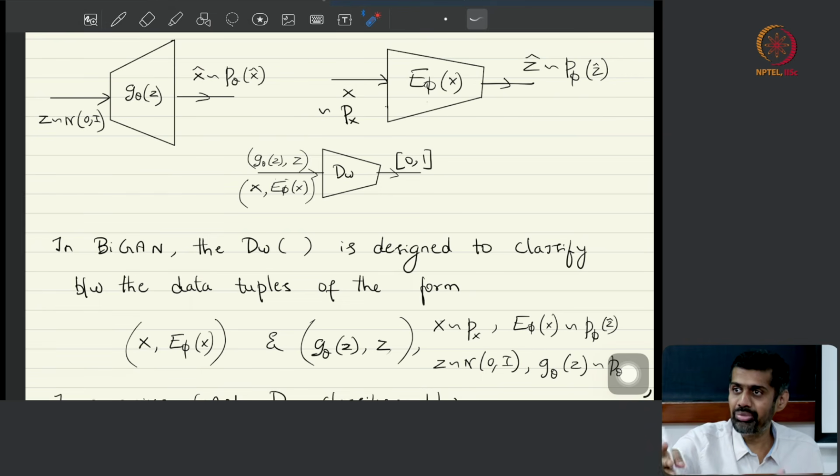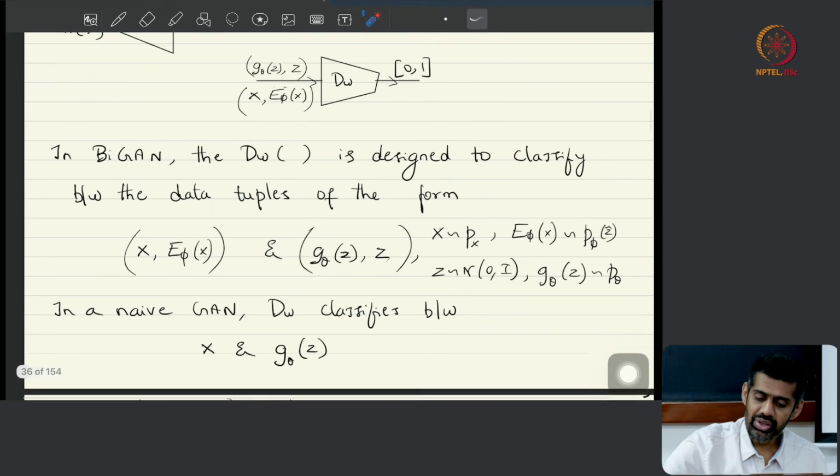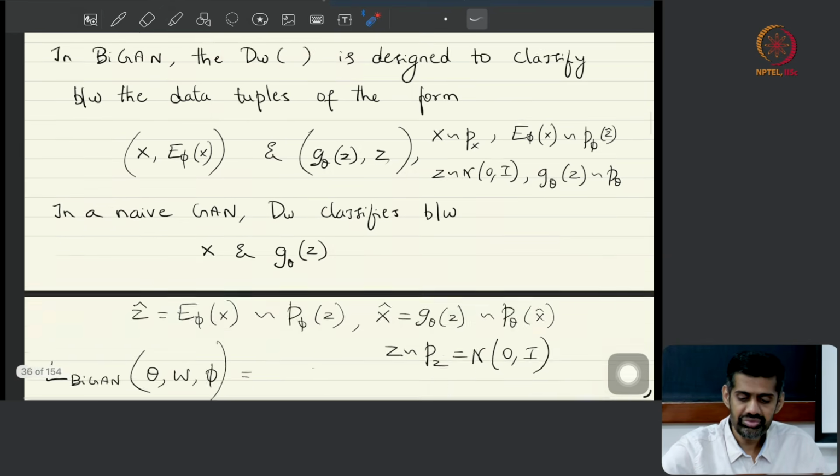That is when we have both the sides done. So we have x that is giving me some distribution z cap. I need the joint distribution between these two to match the joint distribution between x cap and z. If this happens, all the marginals match. So the only thing that you should do is that you make sure that the discriminator, instead of classifying between samples of p_x and p_theta, would now classify between the tuples of these two distributions. All that I am doing is treating z as some additional dimensions of the data that I am trying to generate, that is it.